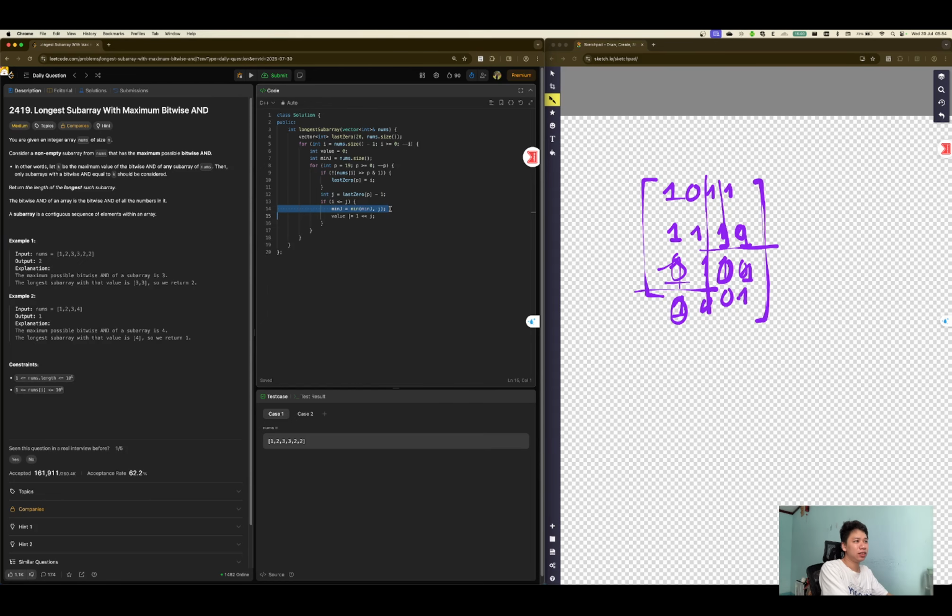Okay, it doesn't matter. Why? I need to store the min. Just get the mask. Okay, now we got the maximum value. I just want to print it out for sure.